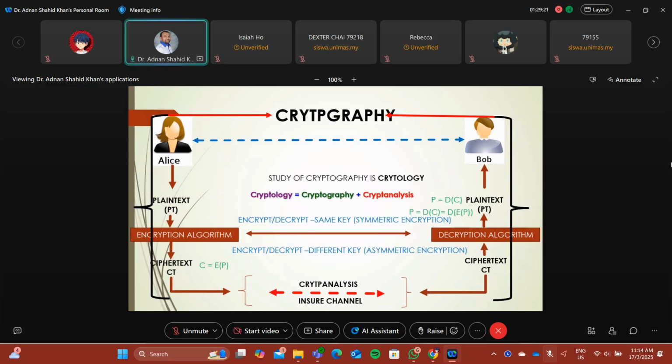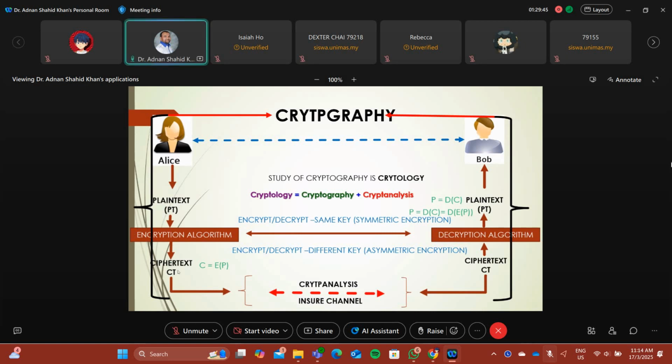For instance, we have Alice, the sender, and Bob, a receiver. If Alice has some data to send, we call this plain text, PT. It's a notation, it's a terminology. So we apply some encryption algorithm and we get the ciphertext.